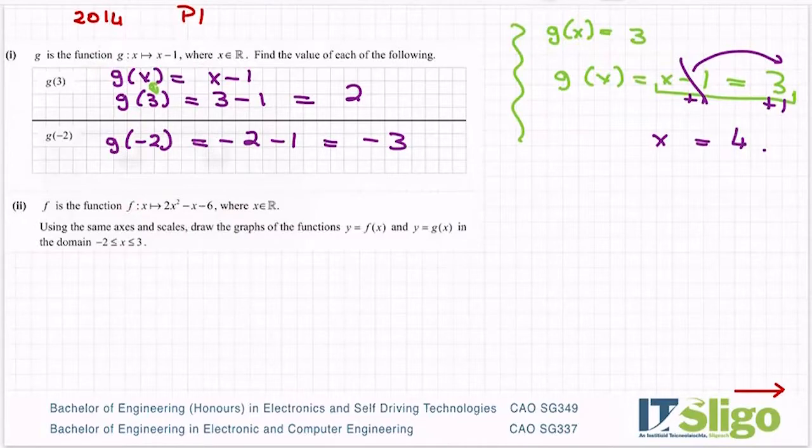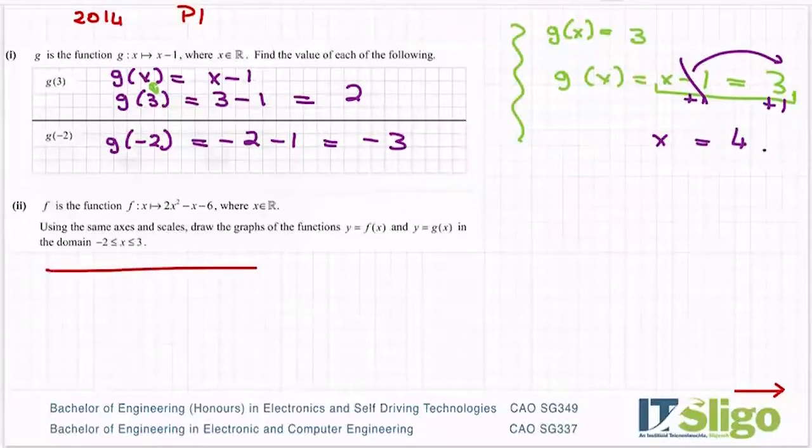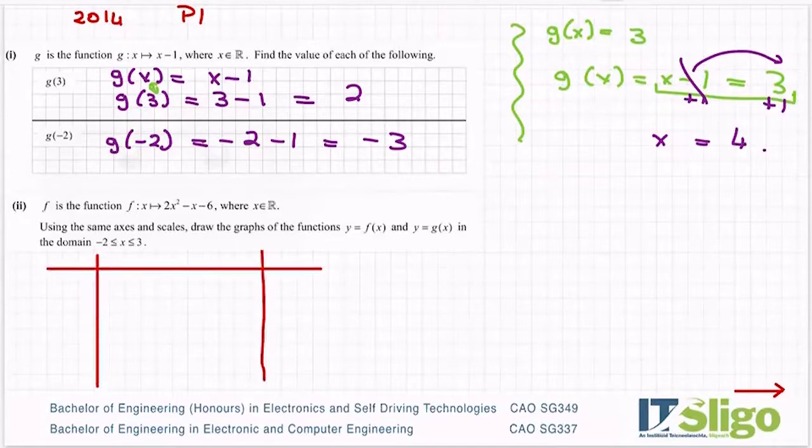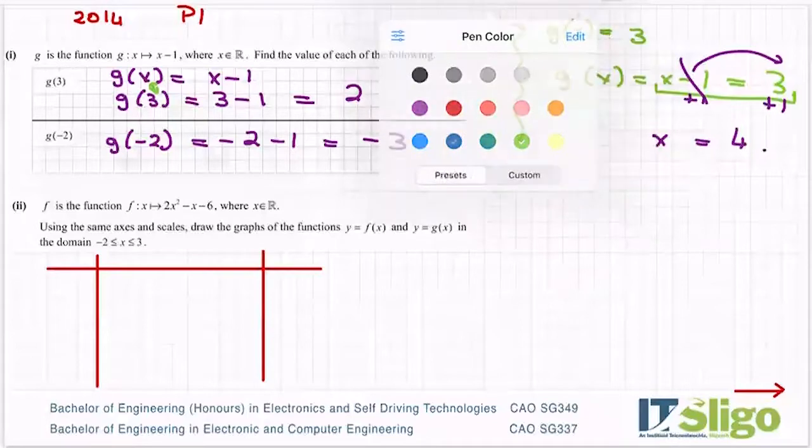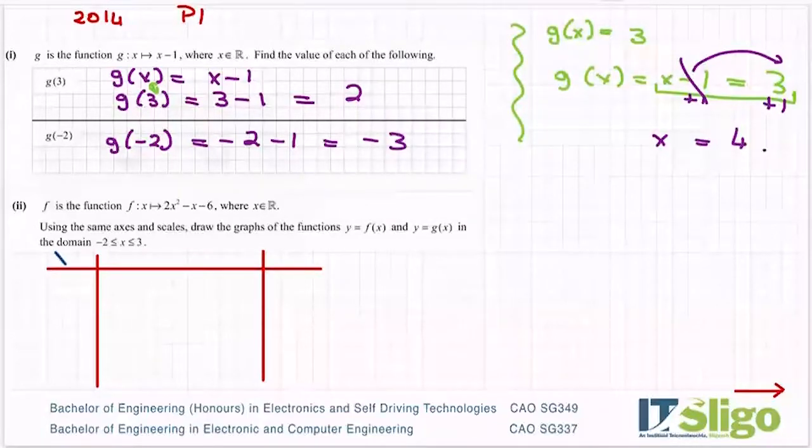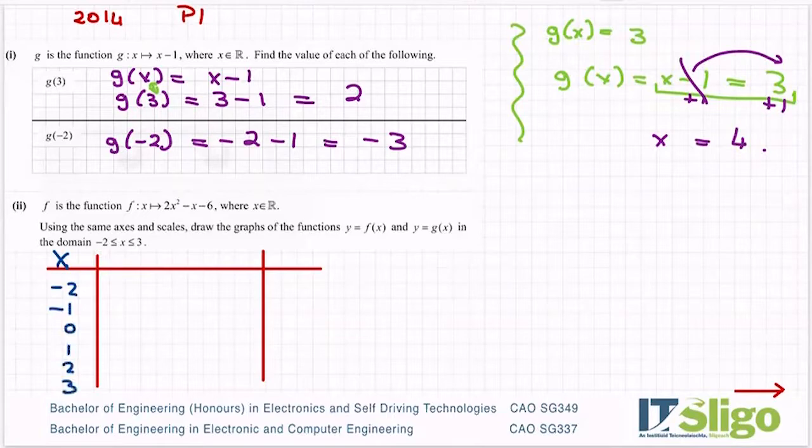Let's draw our table. So there's our x values. And we were told to do our x values from minus 2 to 3. So minus 2, minus 1, 0, 1, 2, and 3.